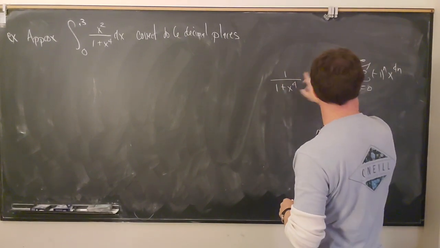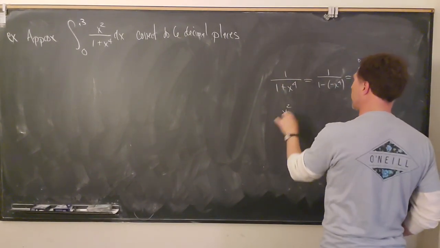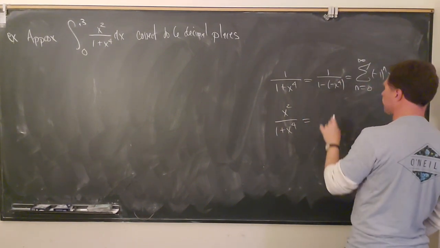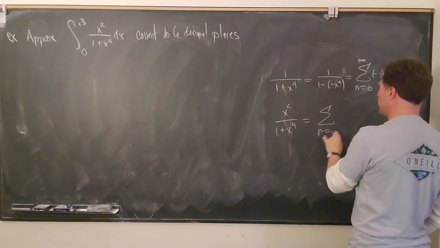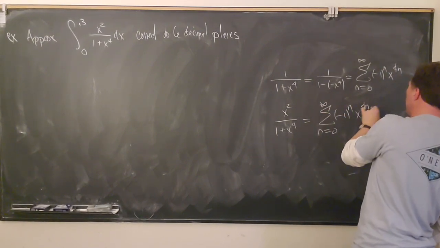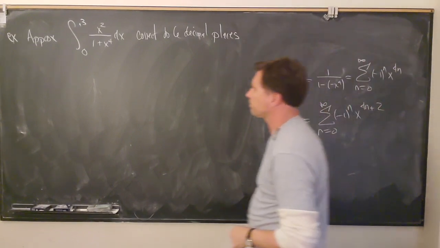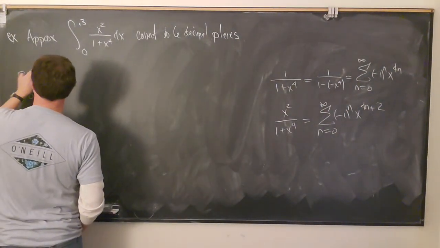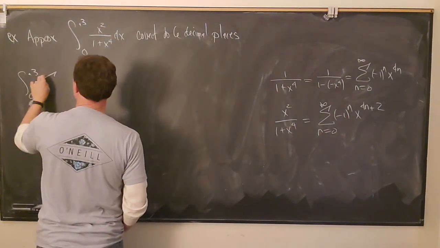So if I multiply through by x squared, x squared over 1 plus x to the 4th is going to be the sum n equals 0 to infinity of (-1)^n x^(4n+2). So we're going to compute the integral from 0 to 0.3 of the power series.